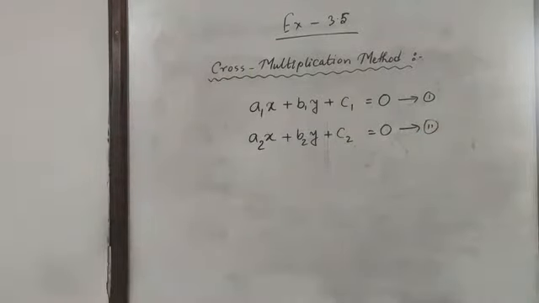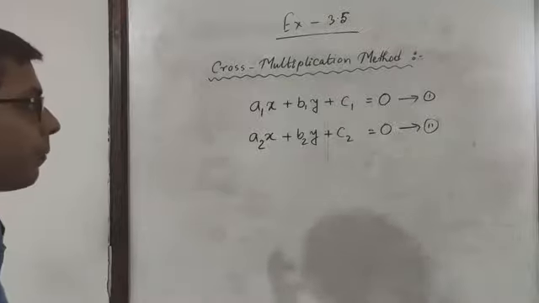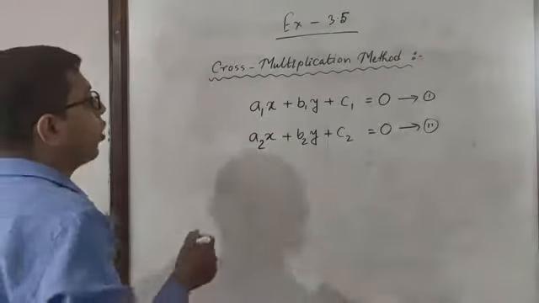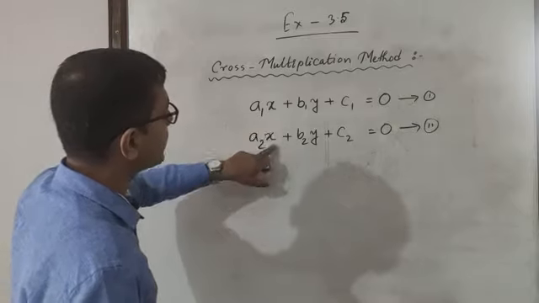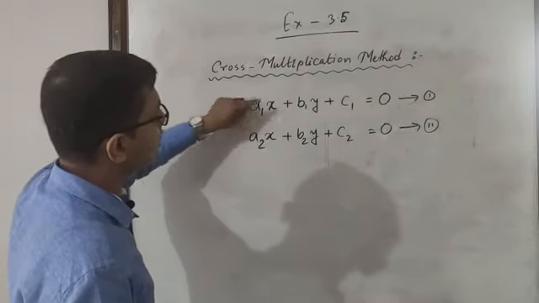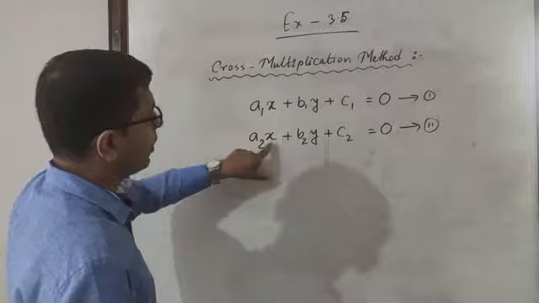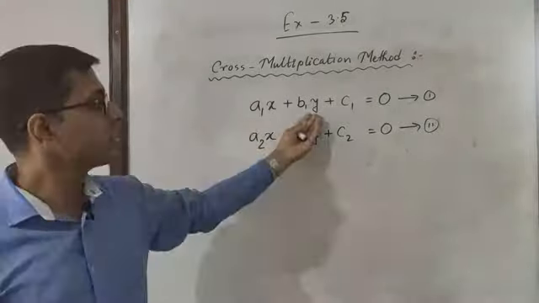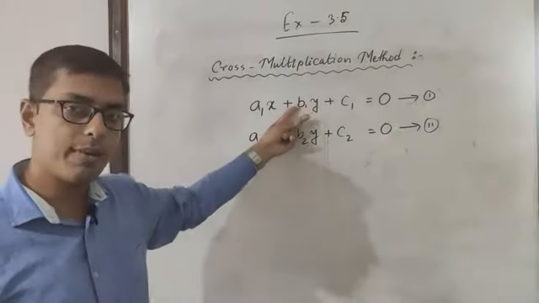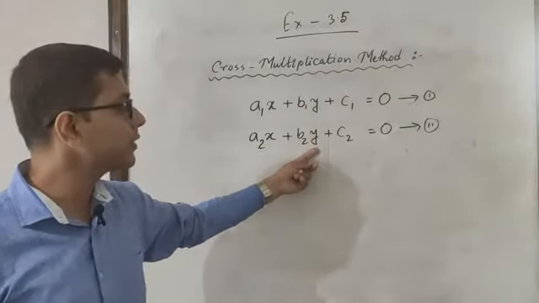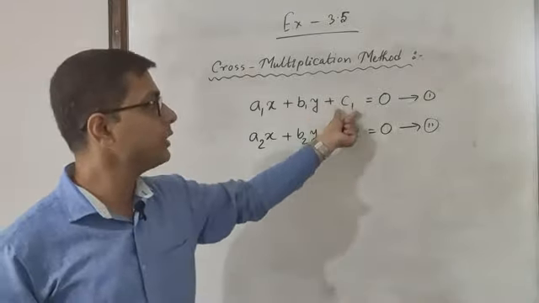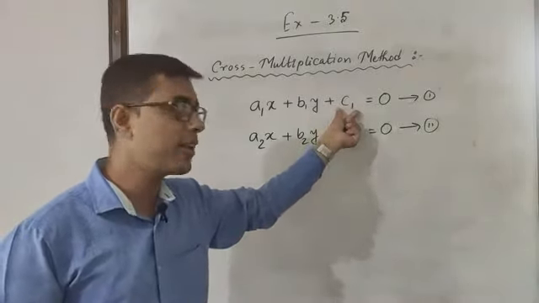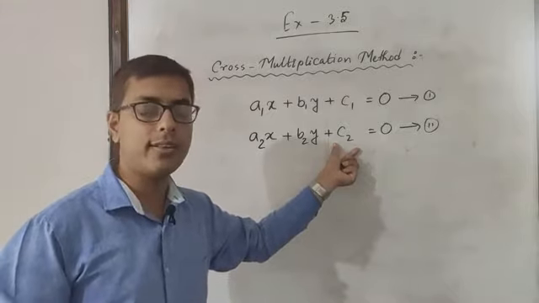Now, how to solve such a pair of linear equations in two variables? First of all, we have to know the coefficients of x in both the equations. In the first equation, the coefficient of x is a1. In the second equation, the coefficient of x is a2. The coefficient of y in the first equation is b1 and in the second equation is b2. The constant term in the first equation is c1 and in the second equation is c2.